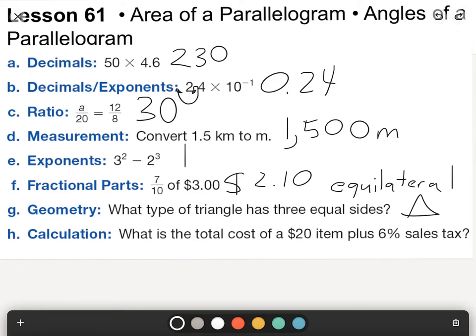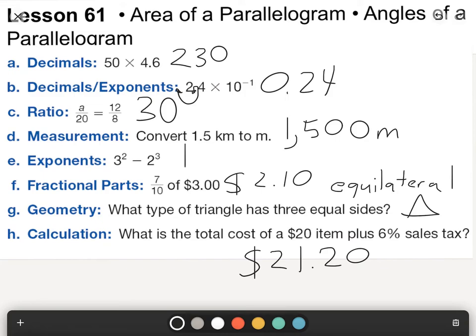So 20 cents times 6. So the sales tax would be $1.20. So this would be $21.20. It doesn't look like it could be mental math just looking at it, but there are ways to go about it, like figuring out what 1% would be and times it by 6.